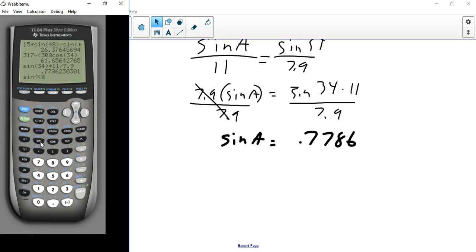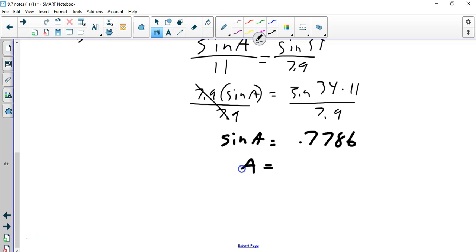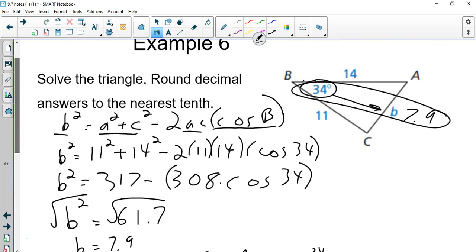Second sine of 0.7786, and I get about 51.1. So A is 51.1 degrees, right up here. And now at this point, I just add that to 34 and subtract from 180 and find out that C is 94.9 degrees.